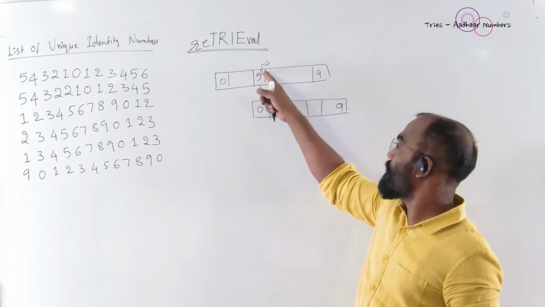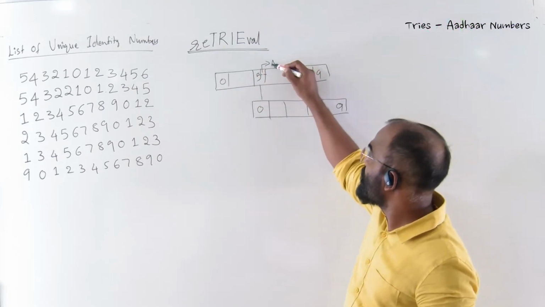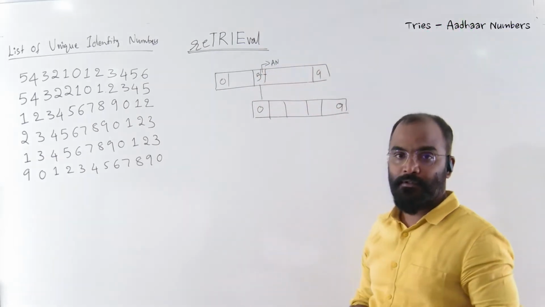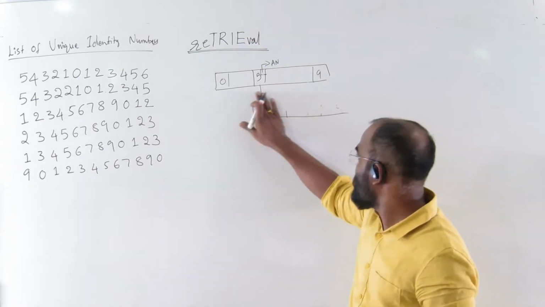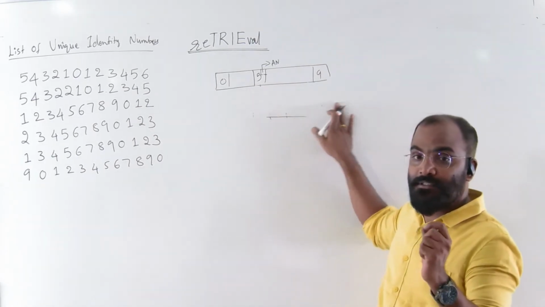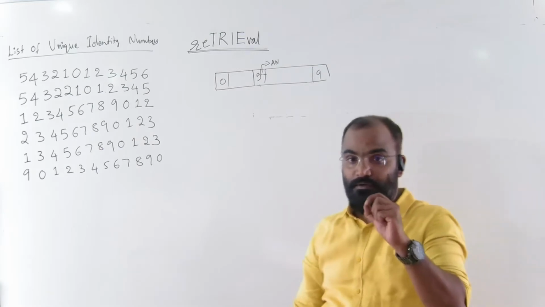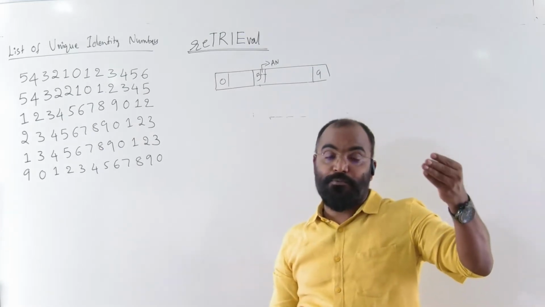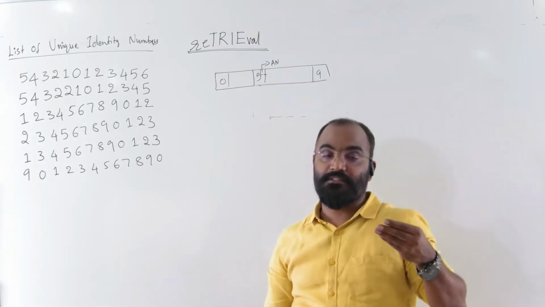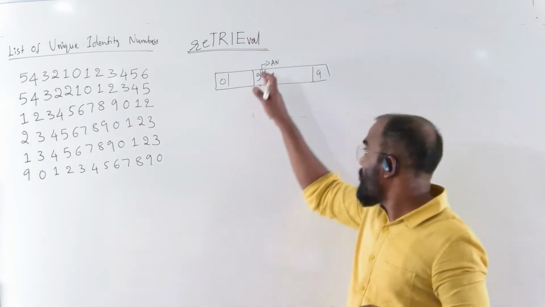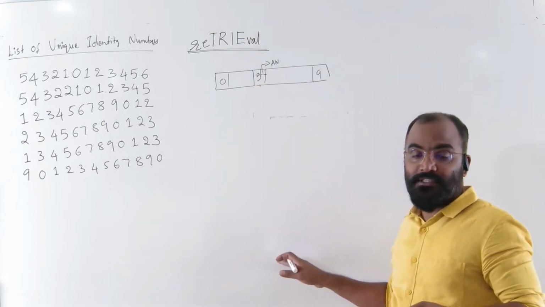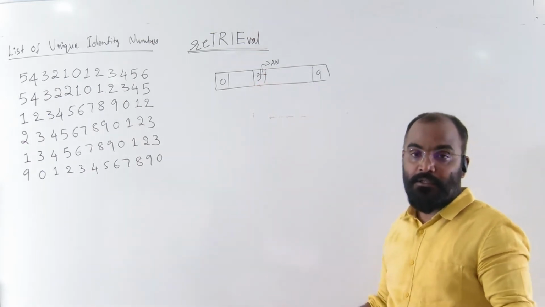I would call it AN. So we don't need this extra array. That was the difference from your previous example with strings or words, where you kept on increasing the tree size as you got new words.